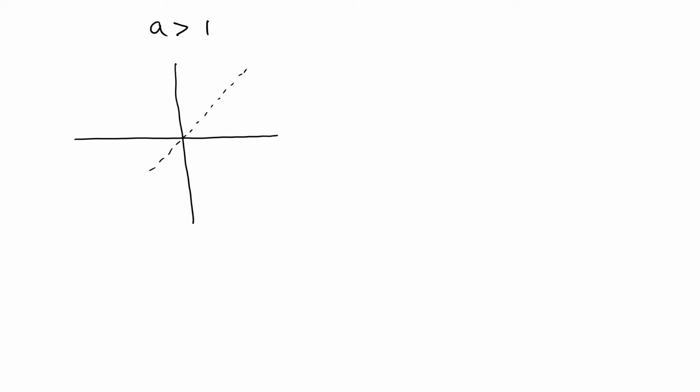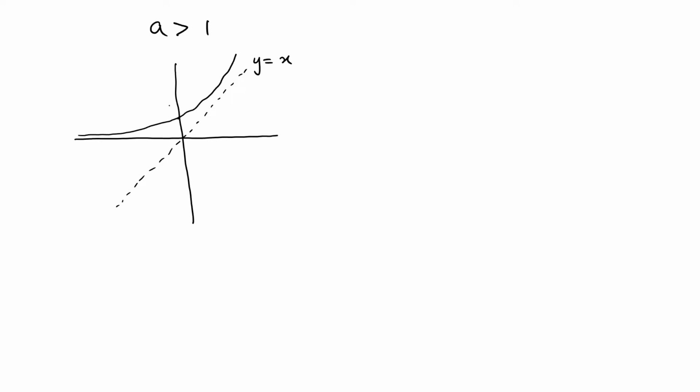If you reflect across the y equals x line, what you get is the inverse. So we draw the y equals x line, and then we look at the exponential function. It's like this. It's going to increase.